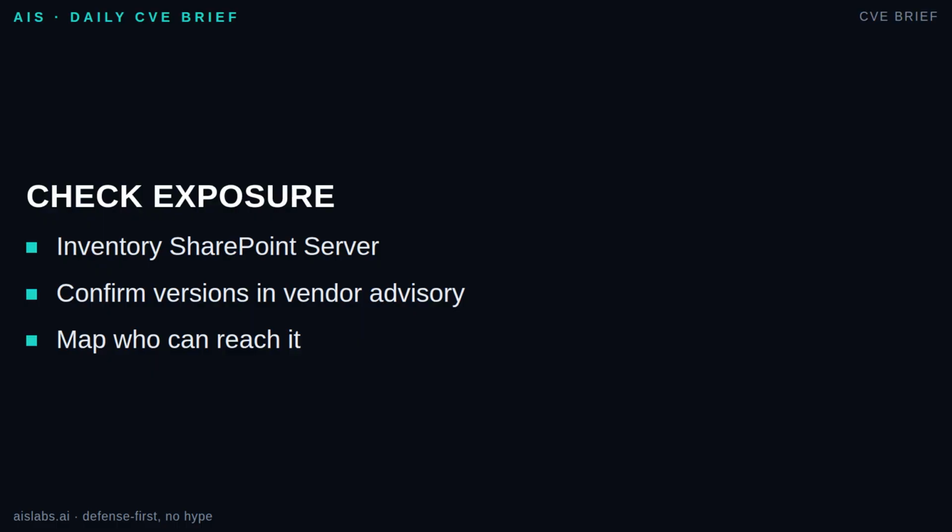Next, map exposure. Which SharePoint systems are internet-facing, which are reachable through VPN, partner connections, cloud connectors, or internal network segments with broad access. Finally, identify business owners and authentication boundaries. Because this is a missing authentication issue, the key question is not only whether the server exists, but whether untrusted users can reach the vulnerable surface.